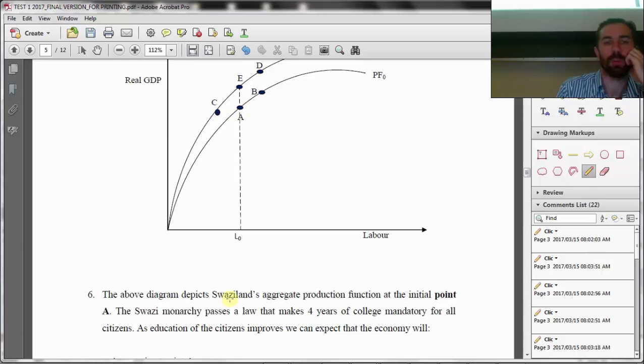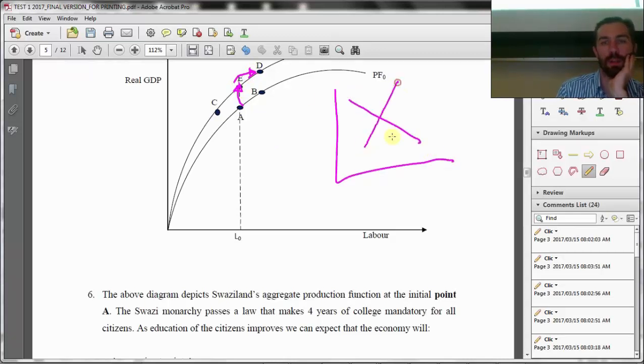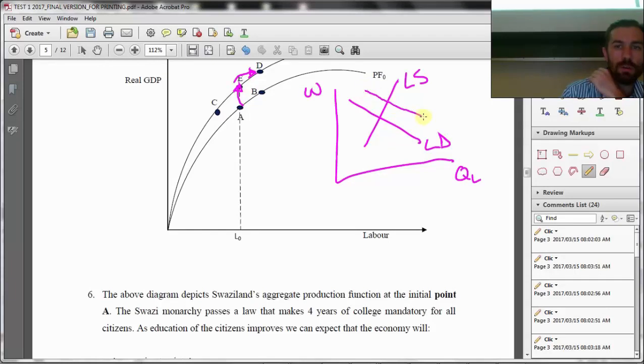Well, remember, if you've got a productivity change, then you have both a shift in the PPF and movement along the PPF, because what's happening in your labor market, you've got your labor demand, labor supply, right? And an increase in productivity shifts the labor demand curve.